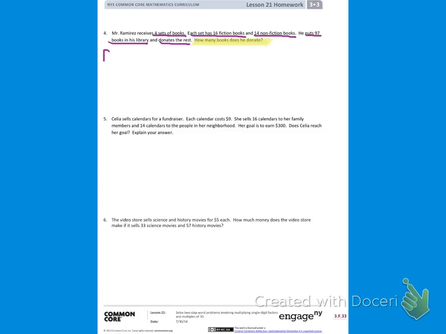Let me write that neater. He bought 4 sets of books, so I'm going to put 4 sections to my tape diagram. Each of those sets has 16 fiction books, so I'll put 16 in each section.